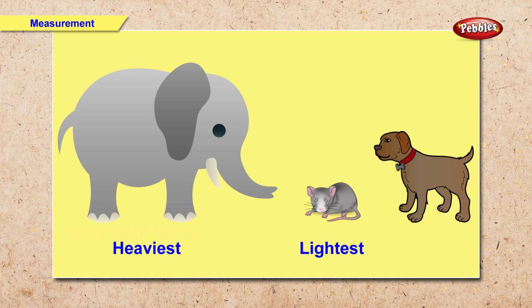Here we have three animals, an elephant, rat and a dog. Which animal is the heaviest and which animal is the lightest? Right. The elephant is the heaviest. The rat is the lightest.